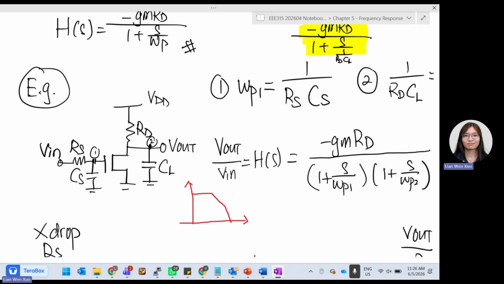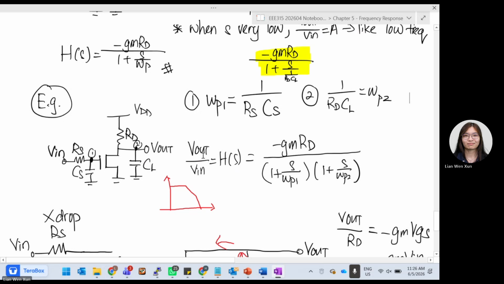So there's only RS. So your omega P1 is 1 over RS times C1, which is CS. The second one is the same as just now. You have 1 over RD times CL. So you have two things. You just substitute this omega P1 and omega P2 over here, then that's all.